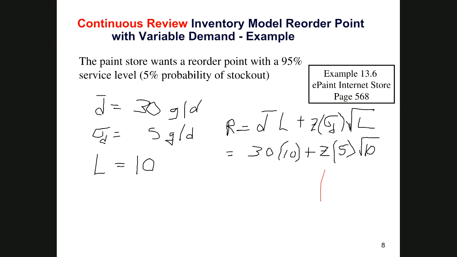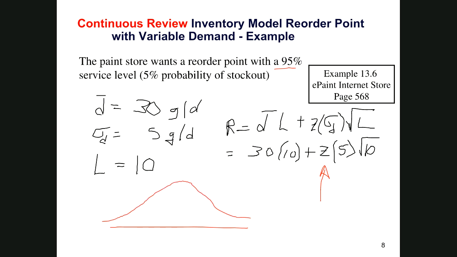Now I'm going to go to the table. We know that our service level is 95%, and so we're going to use our table of normal distribution to determine what that 95% level is. And again, you will remember hopefully, this is a one-tailed test.